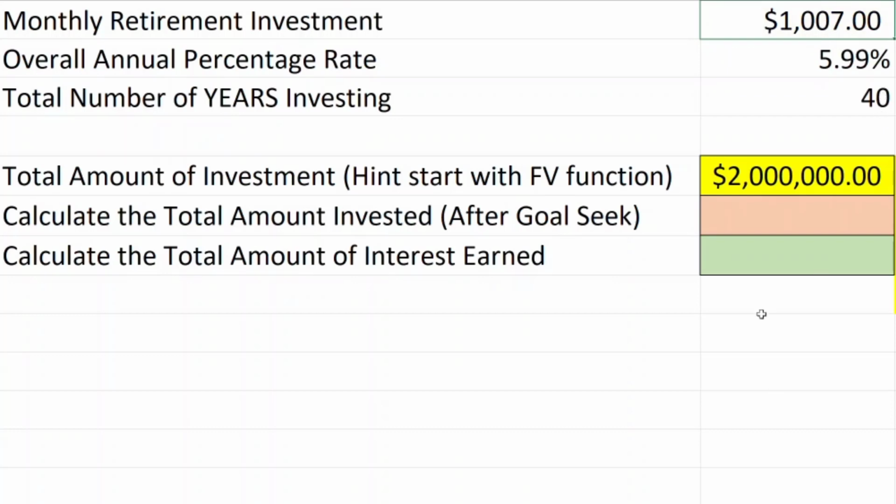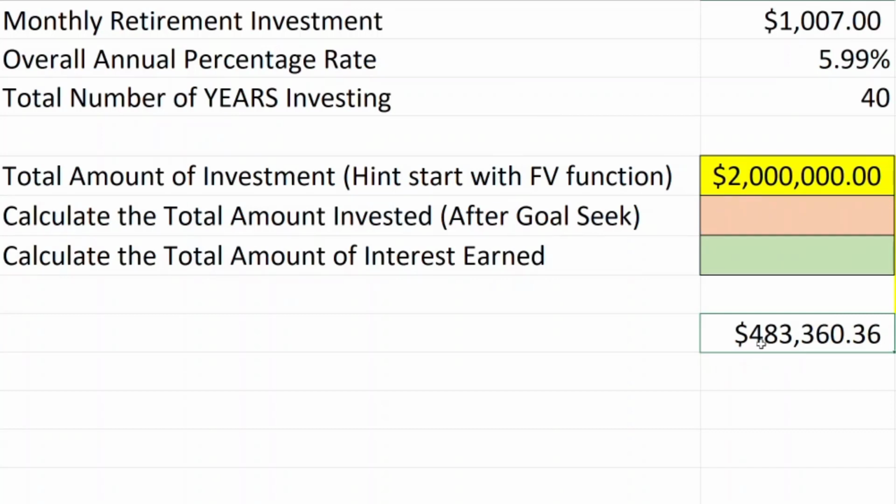Now, if we do that same calculation where we take our 40 years times 12 times this new payment, to calculate the total amount invested, we see that we actually invested $483,360.